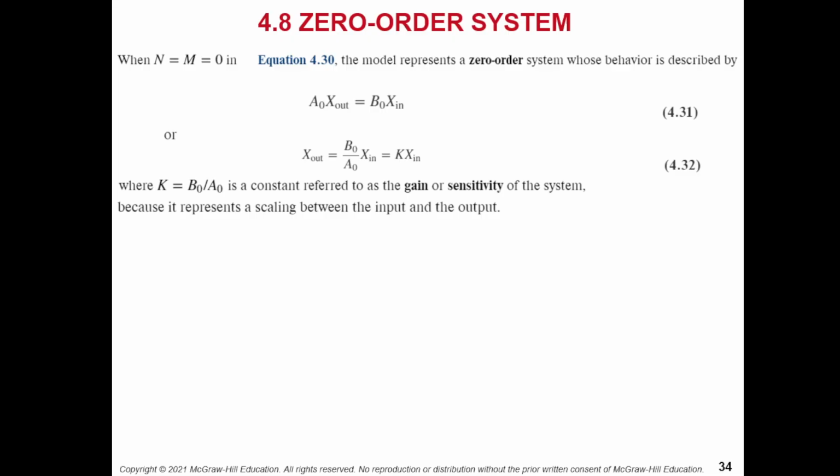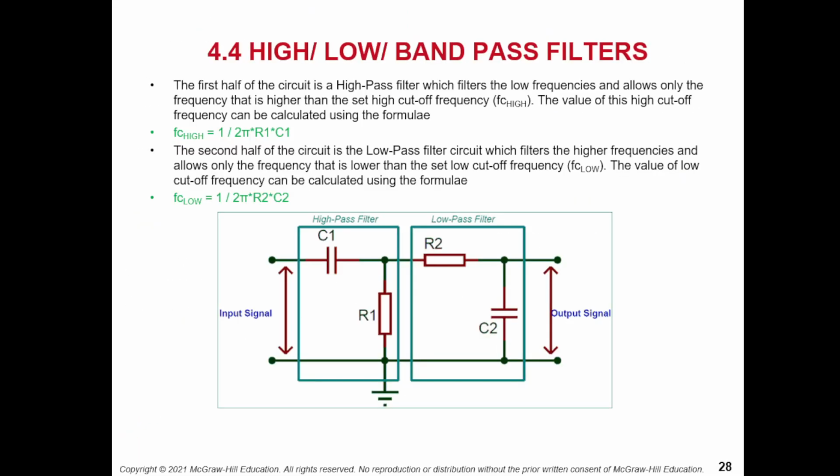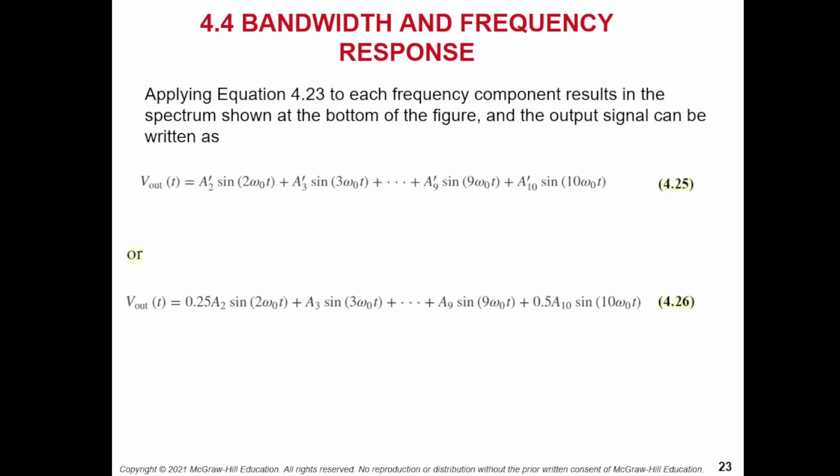Please pay attention to this, because a lot of my colleagues don't understand it, and it is very basic in the introduction of mechanics. If this is a linear system, x out divided by x in is always the same, no matter what your input is. Okay, good, so let's go back to the textbook.